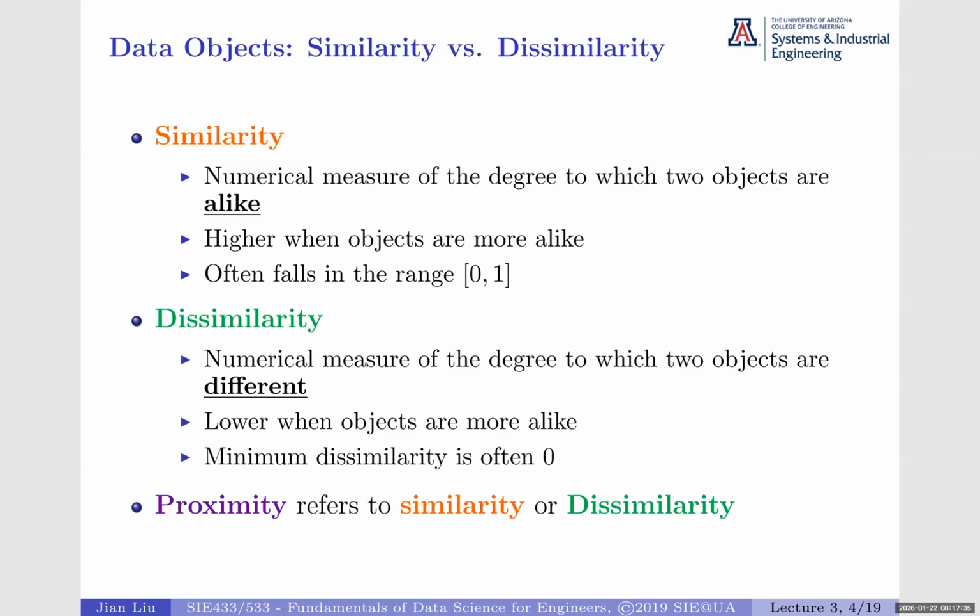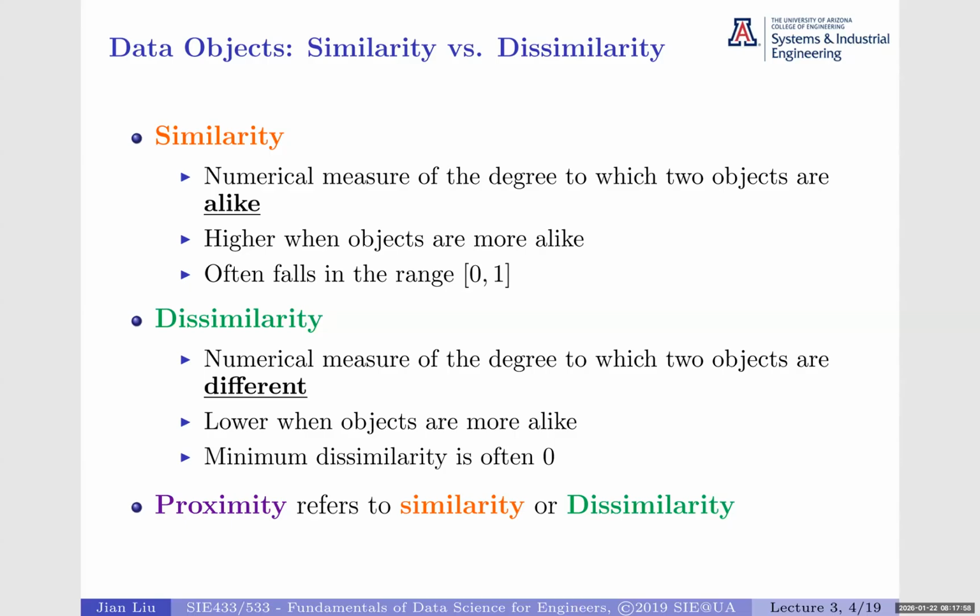The higher the similarity, the more alike the two data objects are to each other, okay? And this similarity, usually we create a quantity that is between 0 and 1. 0 means no similarity, totally different. 1 means they are identical, okay, almost identical.